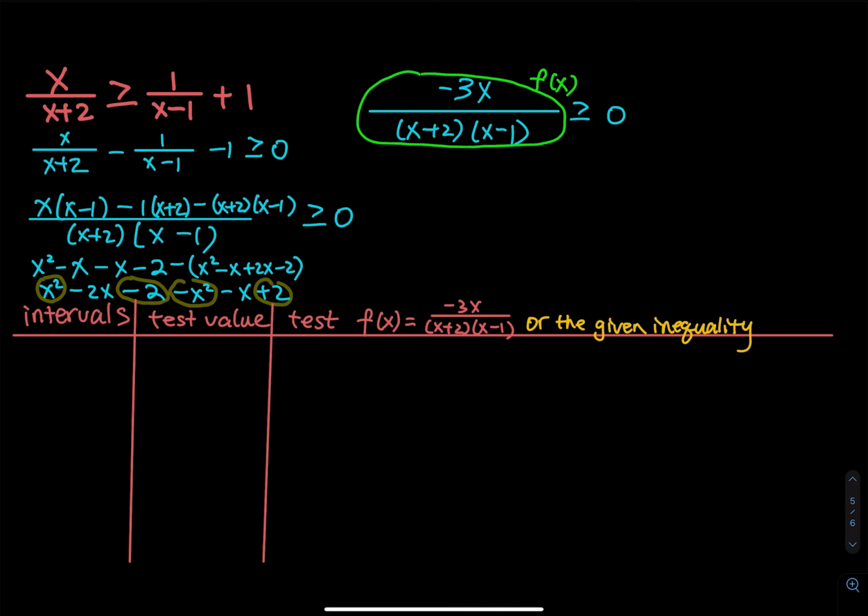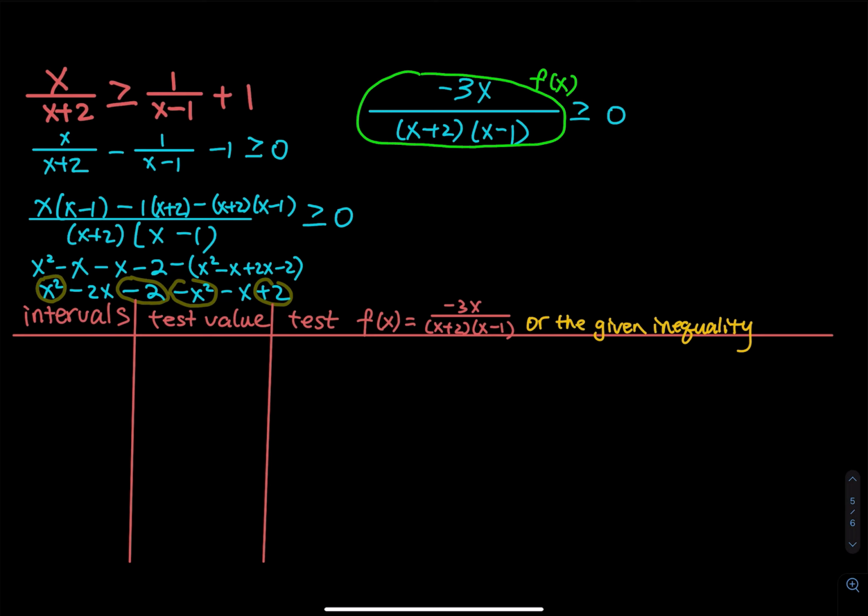Now, for rational inequality, most of the time, you will get a rational function as the fraction. Now, when you set that equal to 0, you might say, okay, we multiply the denominator on both sides, and we only have negative 3x equals 0. That is right, but for rational inequality, you have to take care of the numerator and denominator.